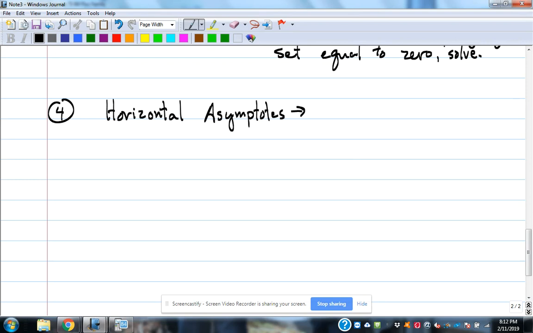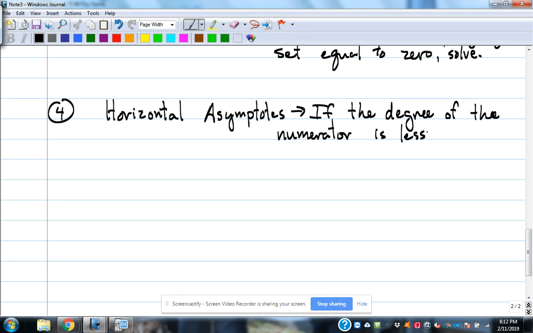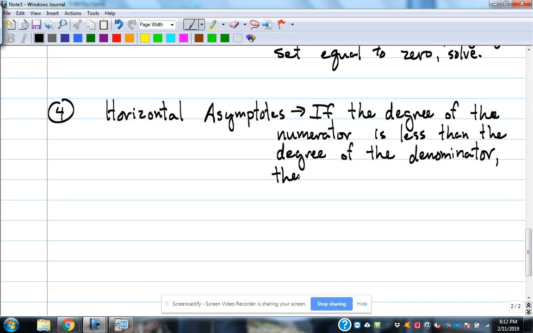Horizontal asymptotes only happen if the degree of the numerator is less than the degree of the denominator, then the horizontal asymptote is y equals 0.